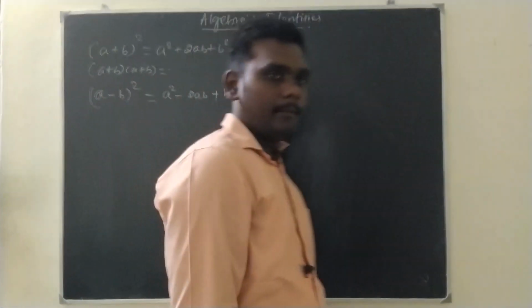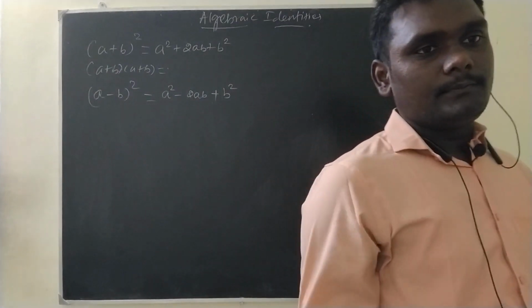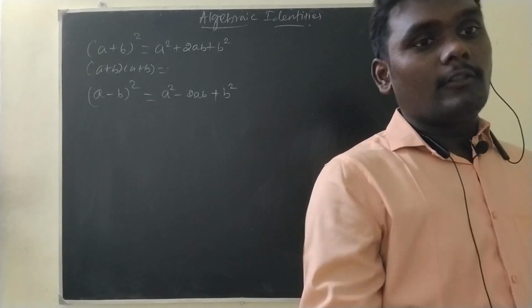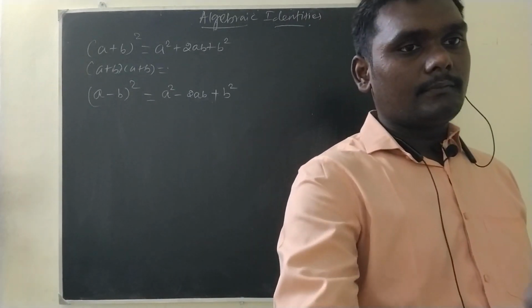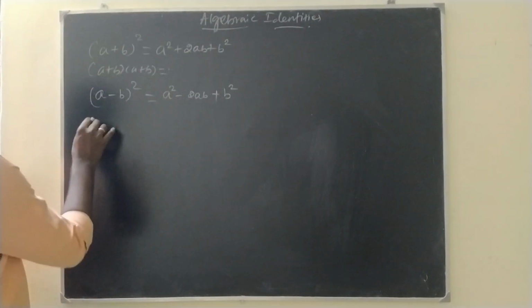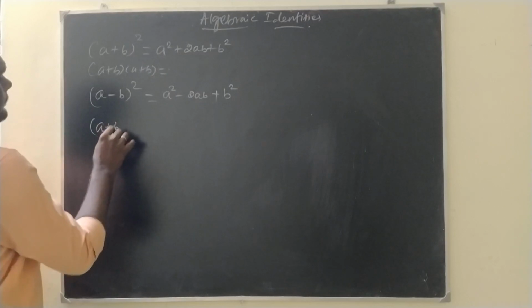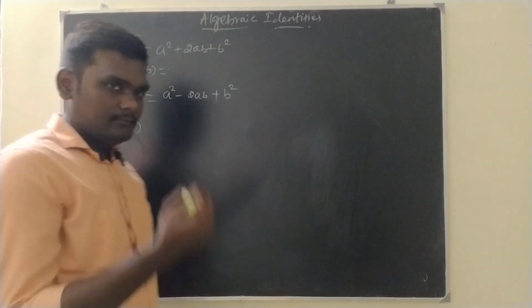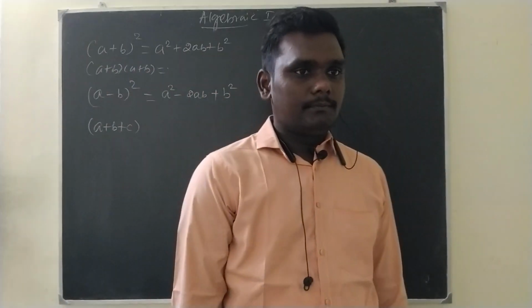So this is the square of binomials, and the square of trinomials is also there. What is the square of a trinomial? a plus b plus c, three terms.